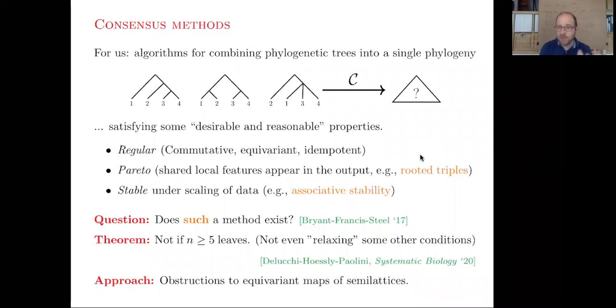Now the question becomes, I have a semilattice given by the rooted triples, I have a set with a map and an action of the symmetric group, and the question is, does there exist a semilattice structure on my original poset that makes this map equivariant and satisfies some order theoretical properties, okay?